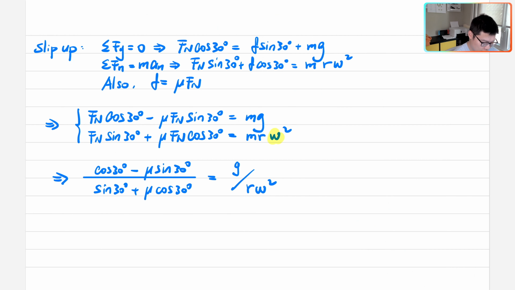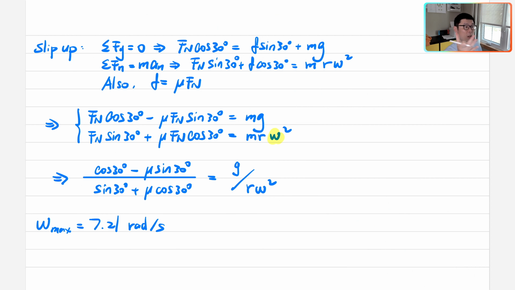Therefore, for the slip up scenario that we're working on, your omega equals 7.21 radians per second, and this is actually your omega max. As long as you are not spinning over 7.21 radians per second, that block won't slip up and will remain there. However, we also discovered another scenario.